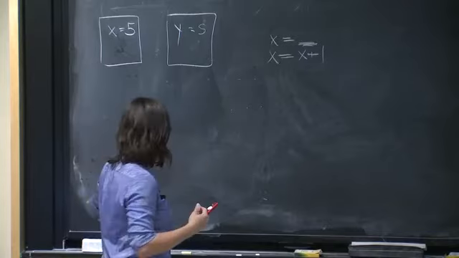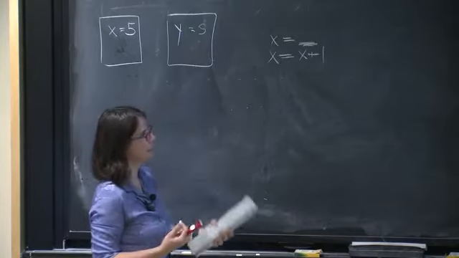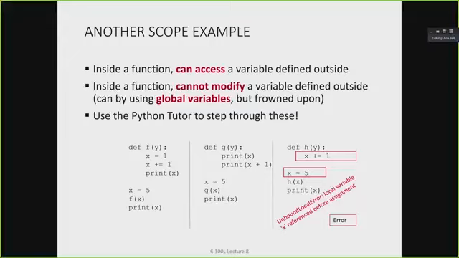Okay. It's just a nuance of Python, but it's kind of important to understand that you can access variables, but you can't change variables outside of your scope. Okay, so the middle one just accesses a variable, adds 1 to it, and prints it. But we never said x is equal to this value.